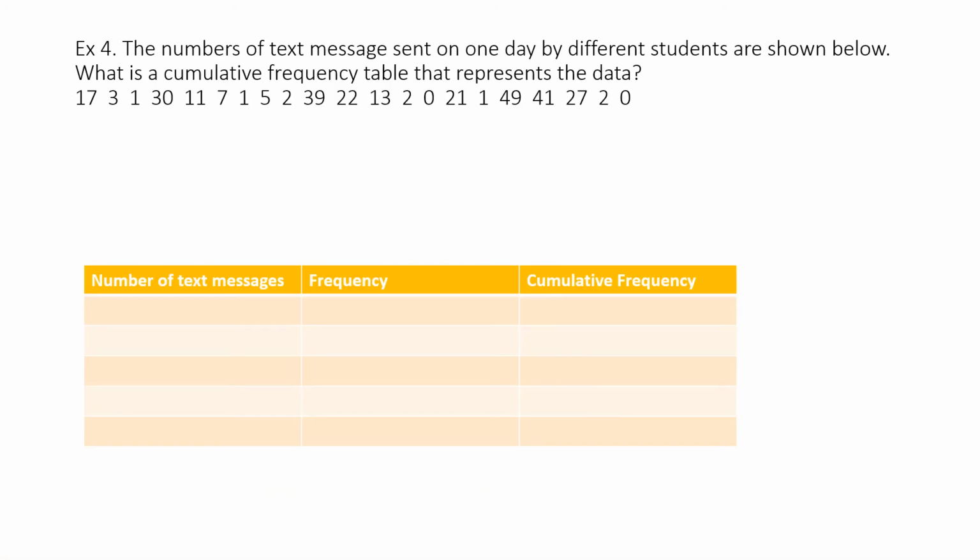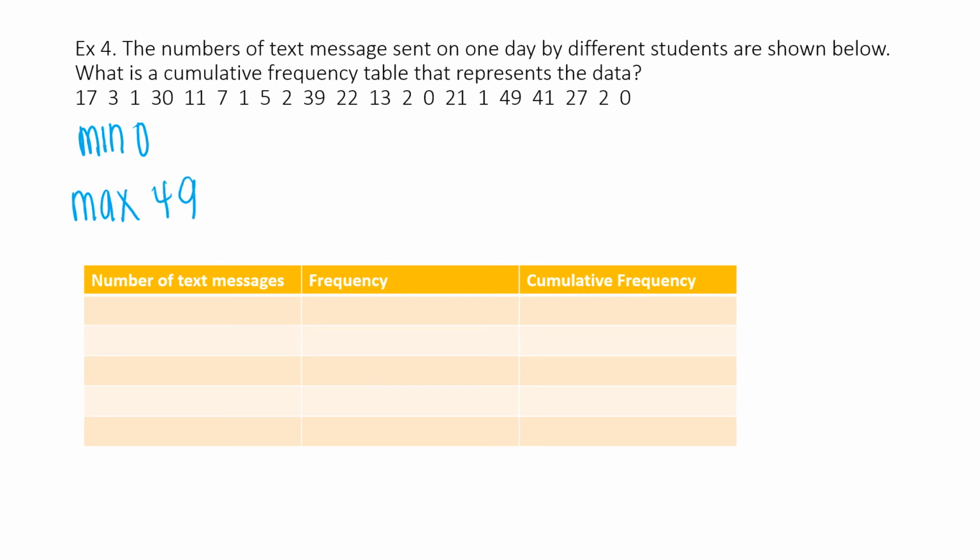Okay, example number 4 says the numbers of text messages sent on one day by different students are shown below. What is the cumulative frequency table that represents the data? So we're going to find the minimum and the maximum again. So the minimum is 0, and then the maximum is 49.